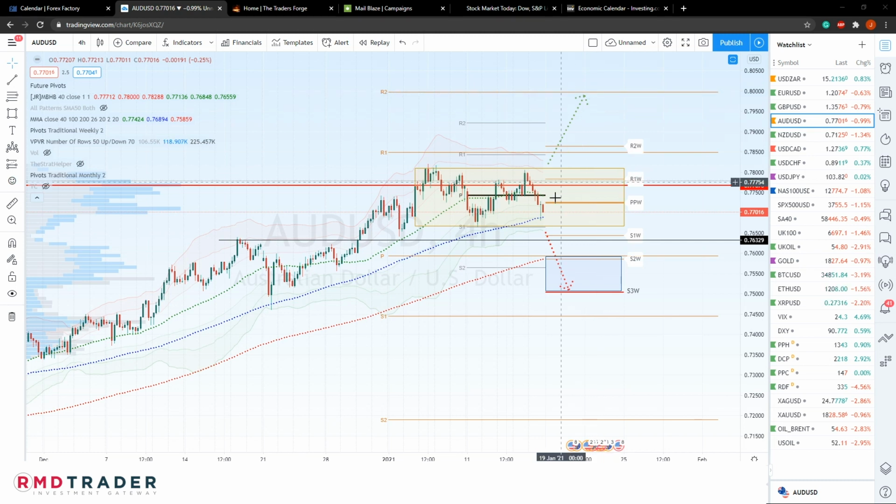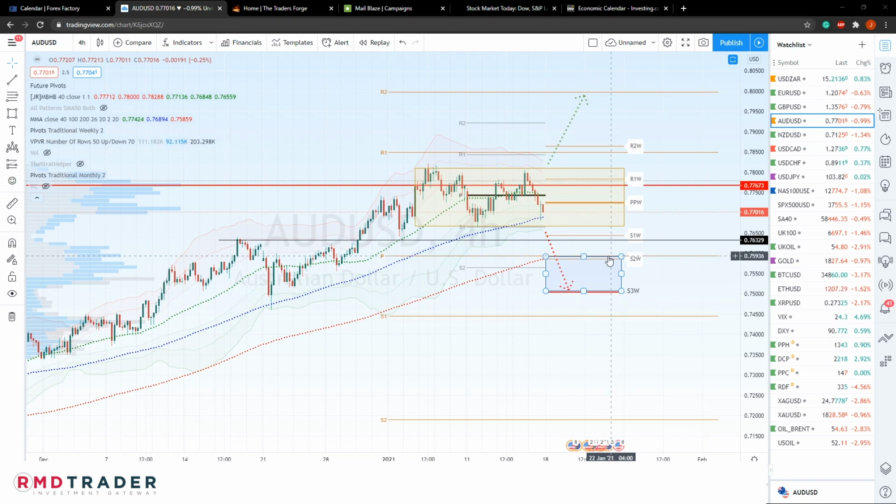And of course, our lower boundary also close to the weekly S1 pivot from last week, and that would be at around 0.766. And if that were to break, that could potentially then target our weekly S3 pivot, and that is at 0.750.